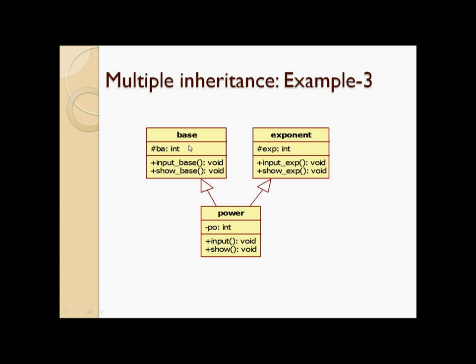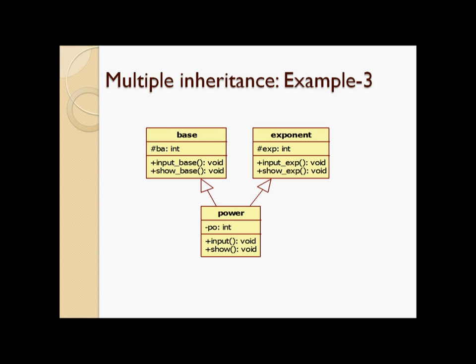This class base has one data member, which is BA of integer type, which is given in the protected section. This class exponent again has only one data member, which is exponent. It is also in the protected section of the class.